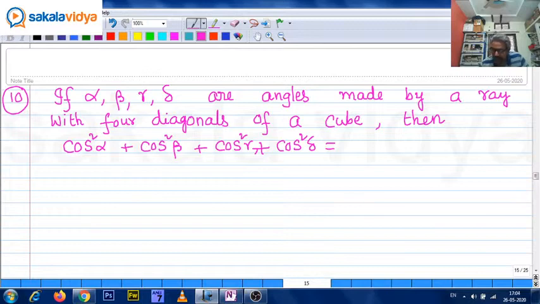I am waiting for your answer. Right. Basavaraj Kistaya, if you are not interested, you can leave. 4 by 3, absolutely correct. 4 by 3, not 1. Yes, 4 by 3.